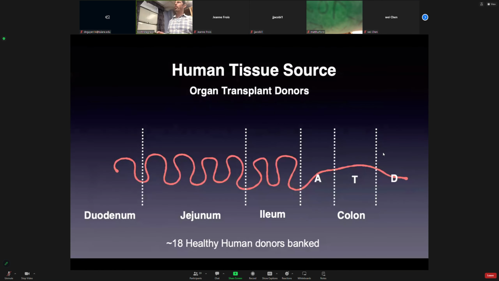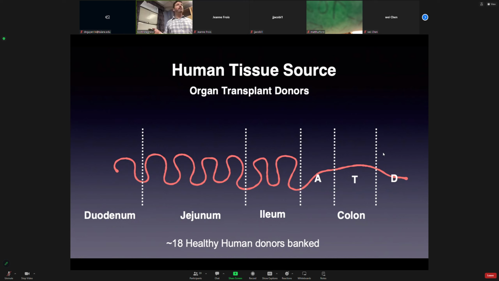And I told you before that we get these organs from transplant organ donors, and we isolate stem cells from 6 different regions: 3 from the small intestine, the duodenum, jejunum, and ileum, and 3 from the colon, the ascending, transverse, and descending colon. We have about 18 normal, healthy human donors banked right now. And we isolate and just store the stem cells because those are the ones that we can then take out and expand indefinitely.